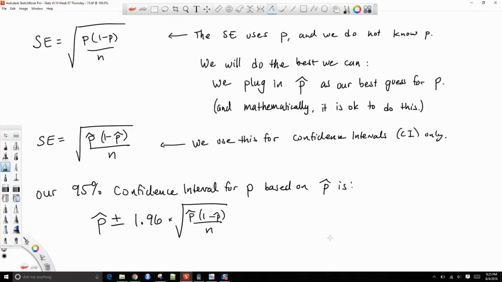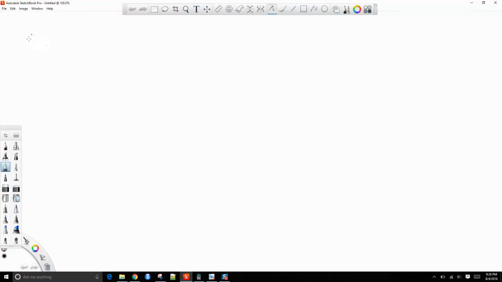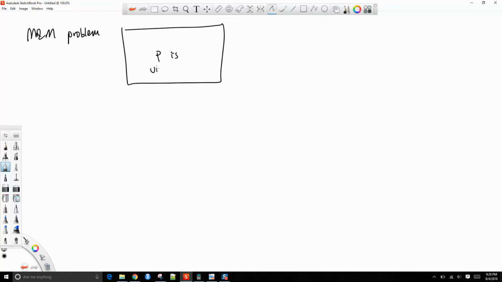Okay, so let's go back and revisit our M&M problem. In the tank, P is unknown, P being the proportion of red M&Ms.